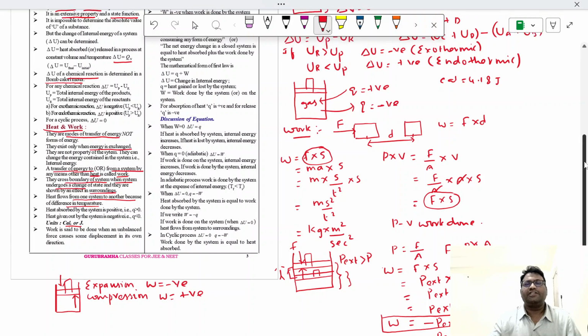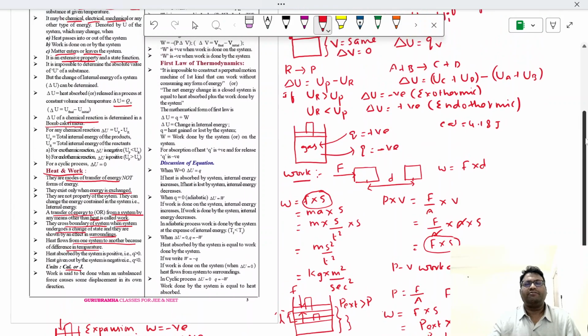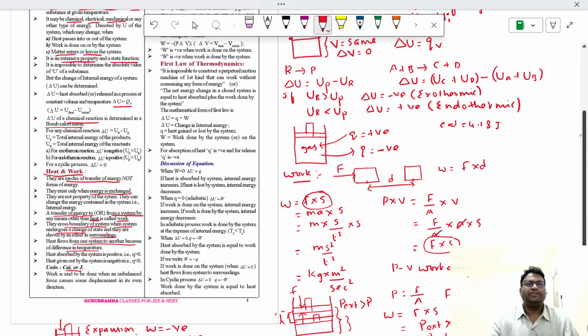So conventional signs, once again: when heat is absorbed by the system, Q is taken to be positive. When heat is released by the system, Q is taken as negative.